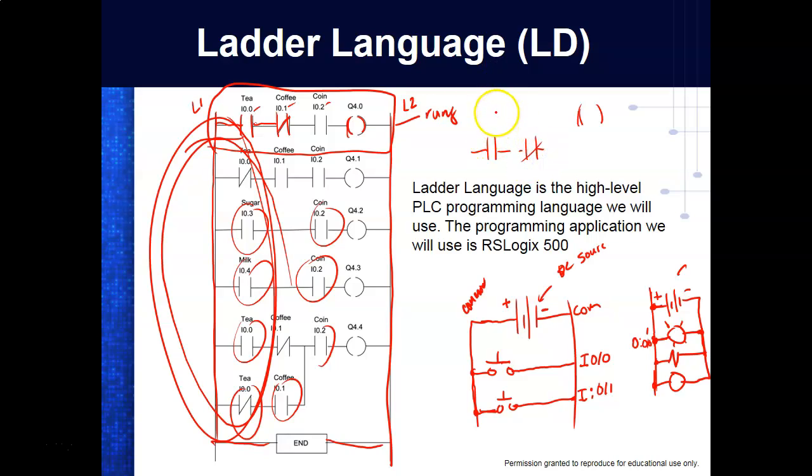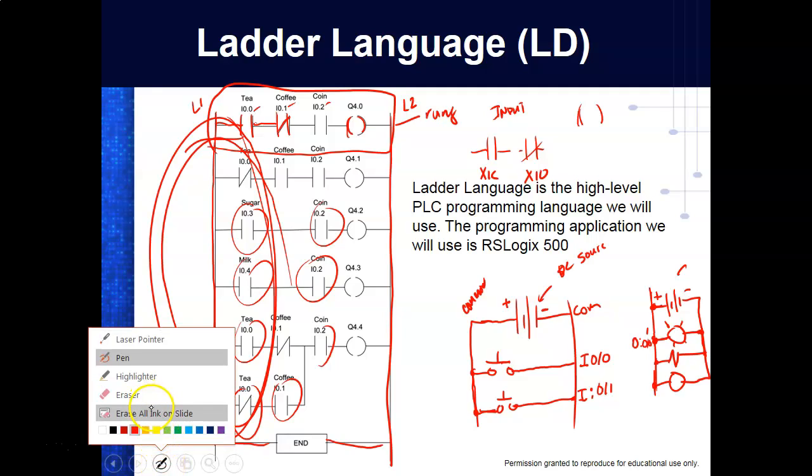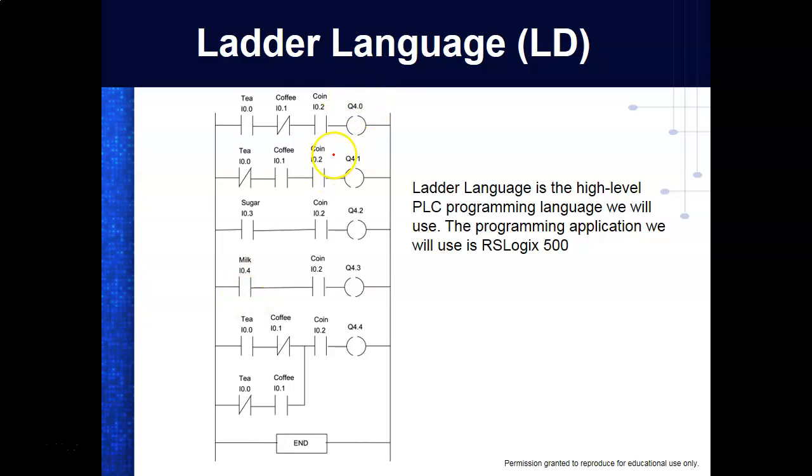Now for an input device, this is called an examine if closed, and this is called an examine if open, and we'll talk about that. If it's a contact, I could come over here and change this to output, which is a Q 4.0.